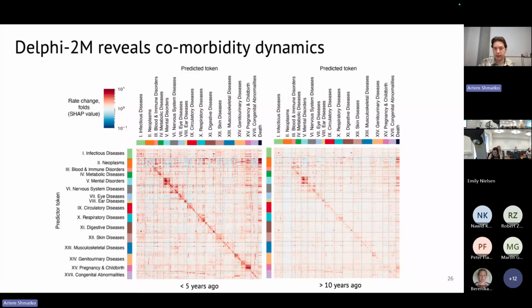So perhaps one of the notable things is that the bright pregnancy square, where all the diseases were interconnected, is completely gone, which makes sense. Pregnancy usually doesn't last for 10 years.